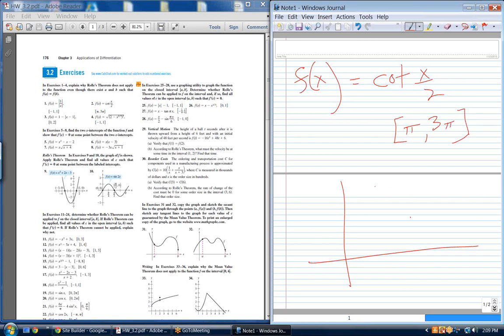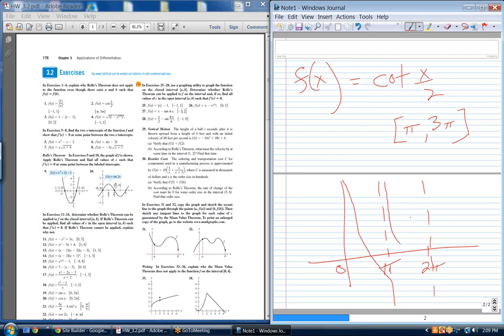Yeah, the cotangent curve has an asymptote at pi, and it is the inverse looking thing of the tangent curve, so it looks like that. And this is 0, so it has another asymptote at 2 pi. In other words, this is what the curve looks like. So in that interval between pi and 3 pi, right there at 2 pi, not continuous, not differentiable.